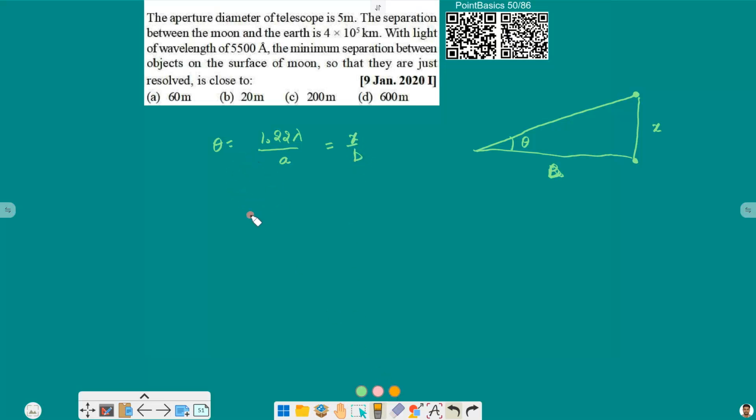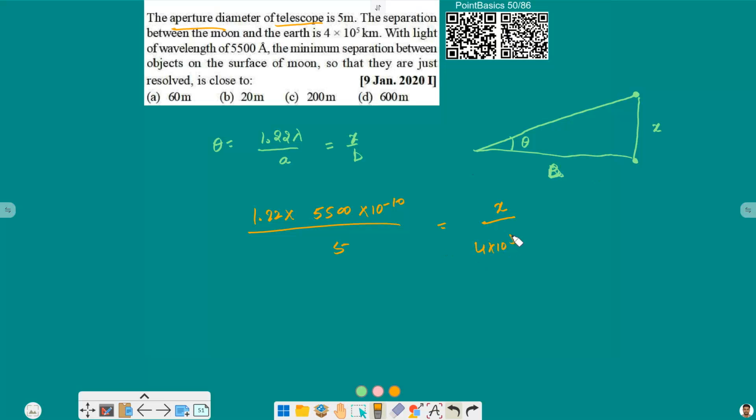and from this we can write that 1.22 times lambda, where lambda is 550 into 10 raised to power -10, divided by A, that is the slit width basically, or for a telescope this will be the diameter, so that will be 5, and it will be equal to x by the distance between the earth and the moon, that is 4 into 10 raised to power 5 kilometer.